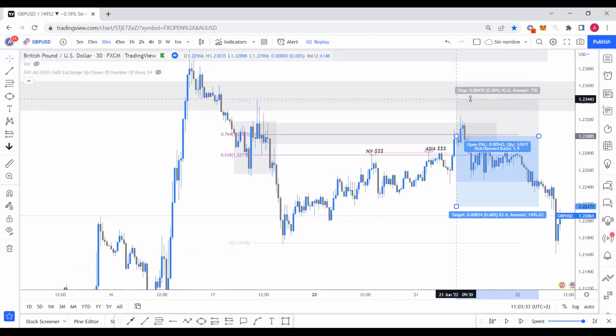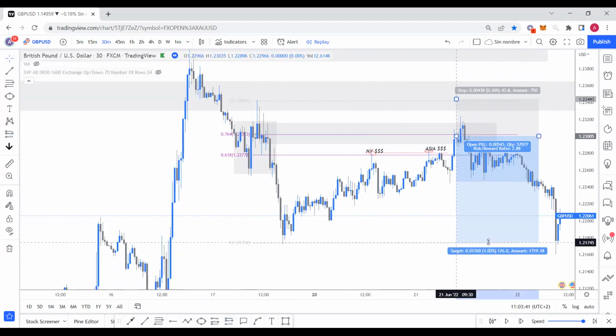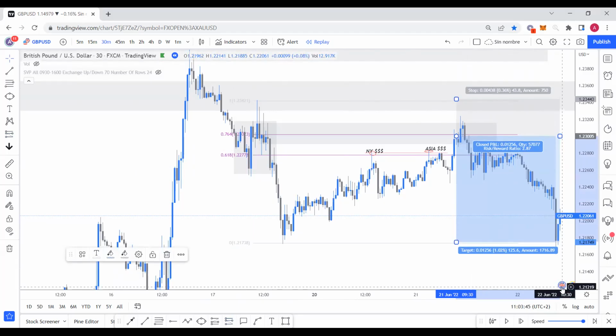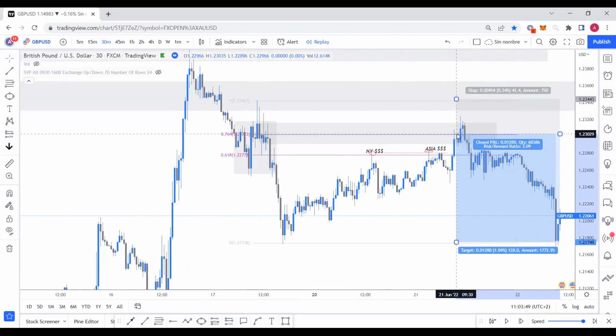Stop loss should be above the highest point, and the main take profit should be the last low. This trade will always give you a 1 to 3 risk to reward ratio. You're entering at the 25%, risking 25 to win 75.